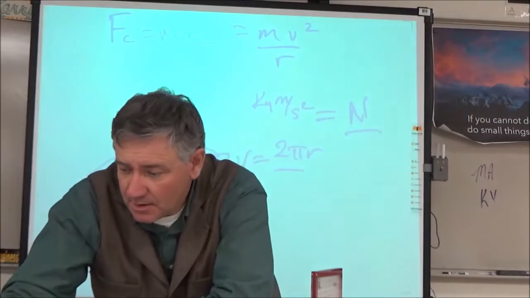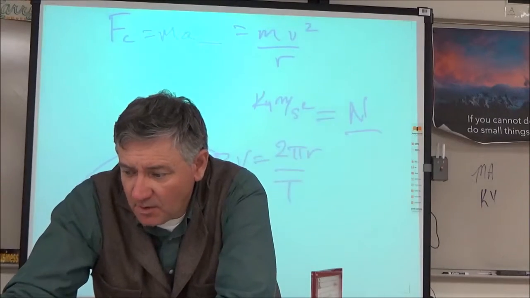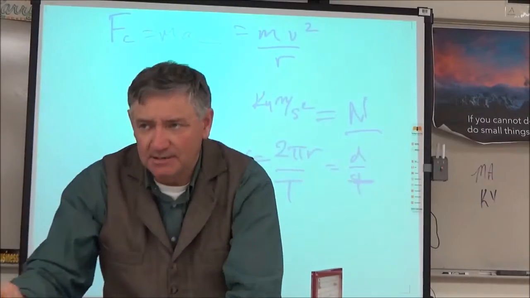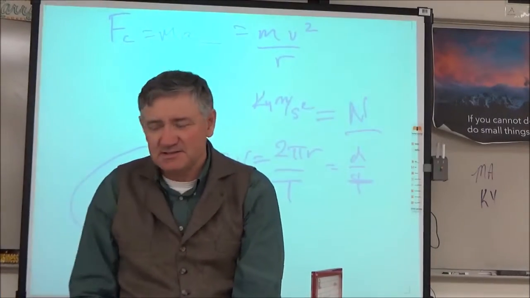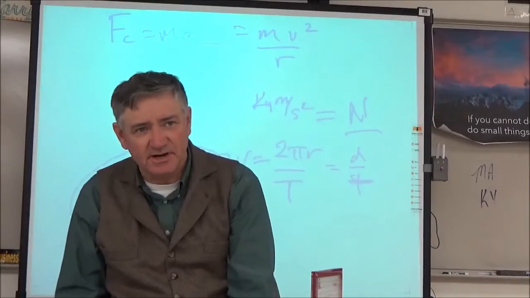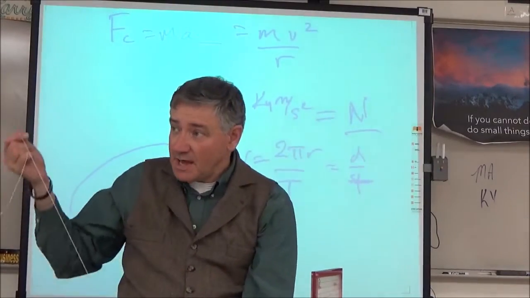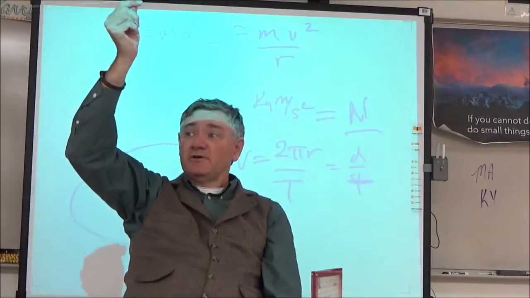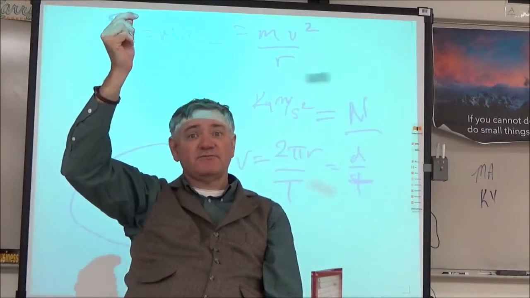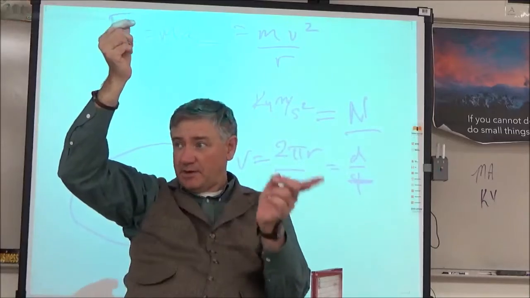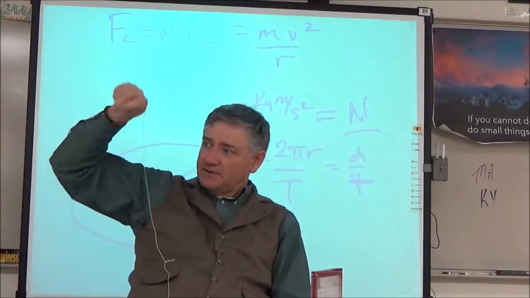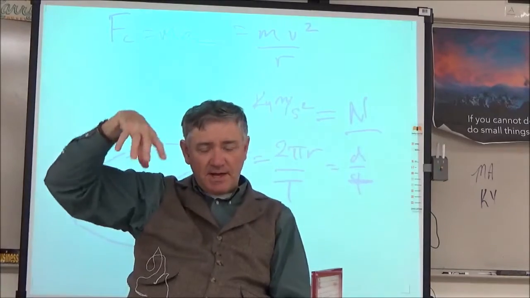So all this is, oddly enough, is just distance divided by time. So 2 pi r over T is just a really fancy way of saying distance divided by time. So in the lab that you all are going to start on Monday, you're going to measure how much time it takes for a rubber stopper to make one complete revolution, and then you're going to know the radius, and you're going to calculate the velocity from that.